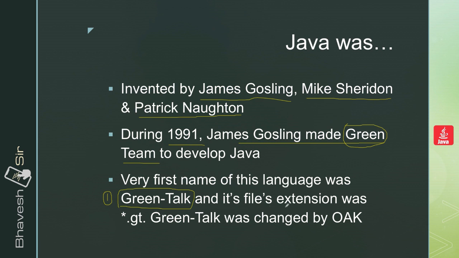As we know, all languages have some extension for their files. At that time, GT was given as the file extension. So Green Talk was the name, but it was changed to Oak. As we know, Oak is the national tree of some countries.